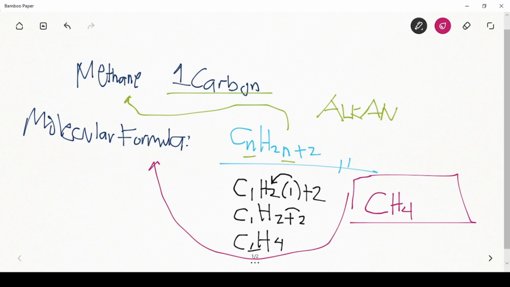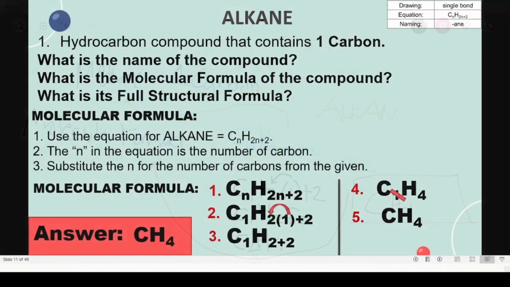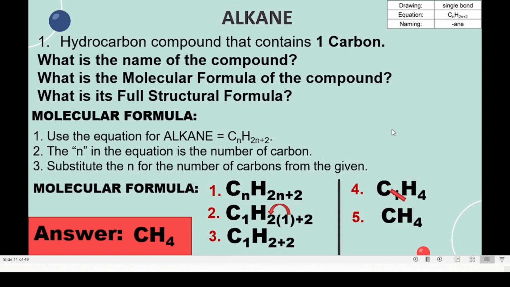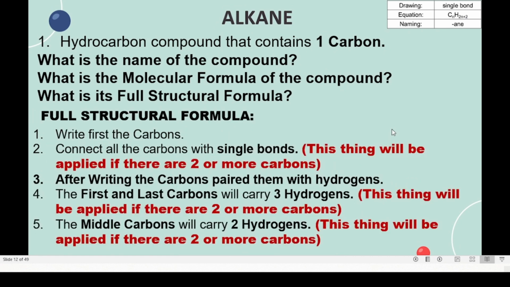Okay, so that's how you're going to get the molecular formula of an alkane. Now, let's proceed to the third one. So what is the full structure of the alkane, methane? These are the steps in getting the structural formula.